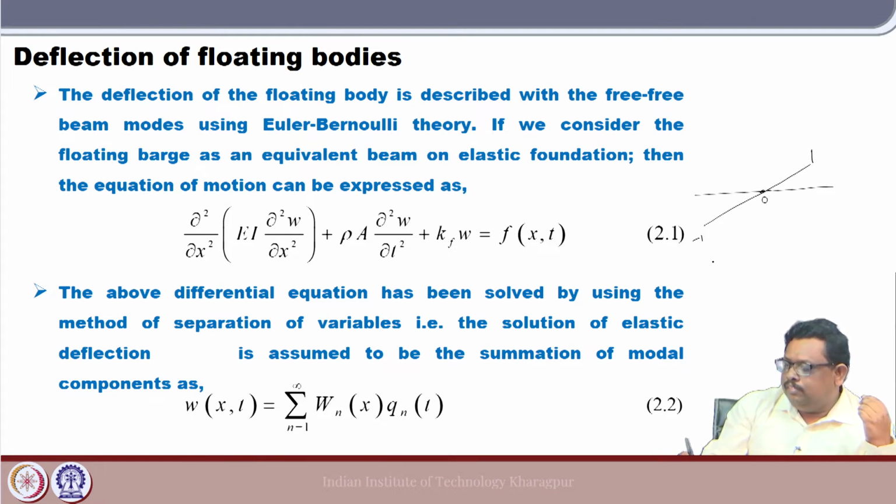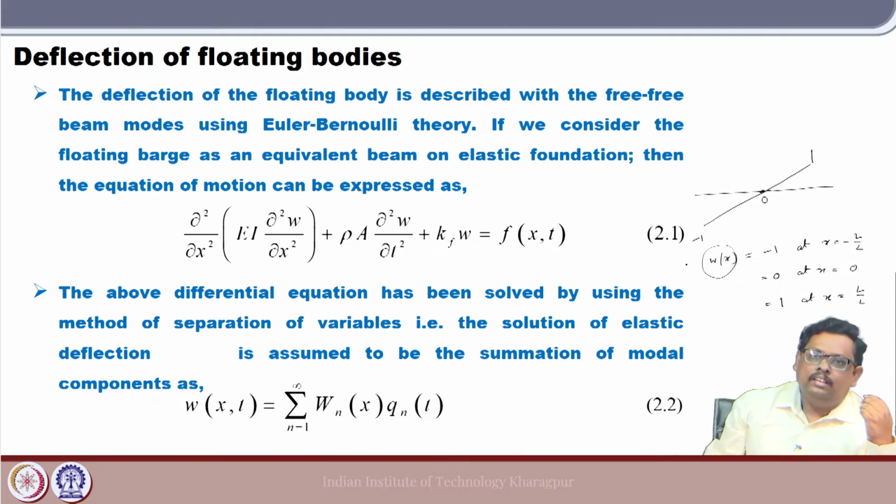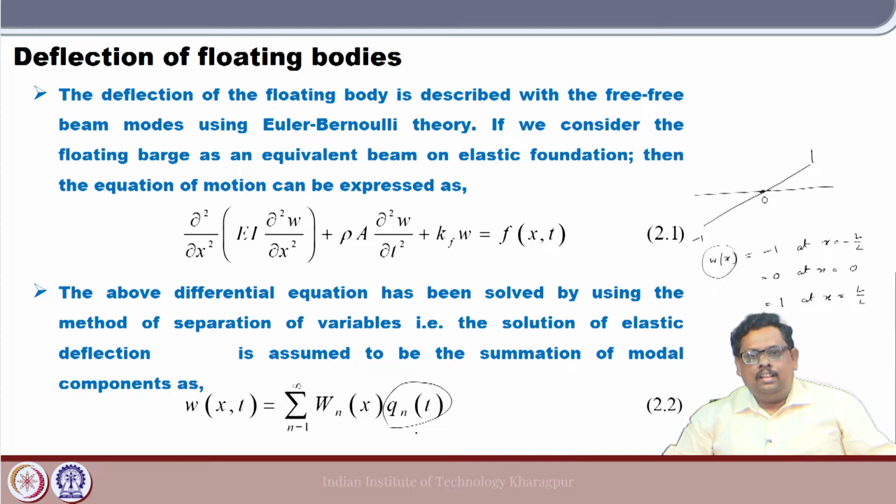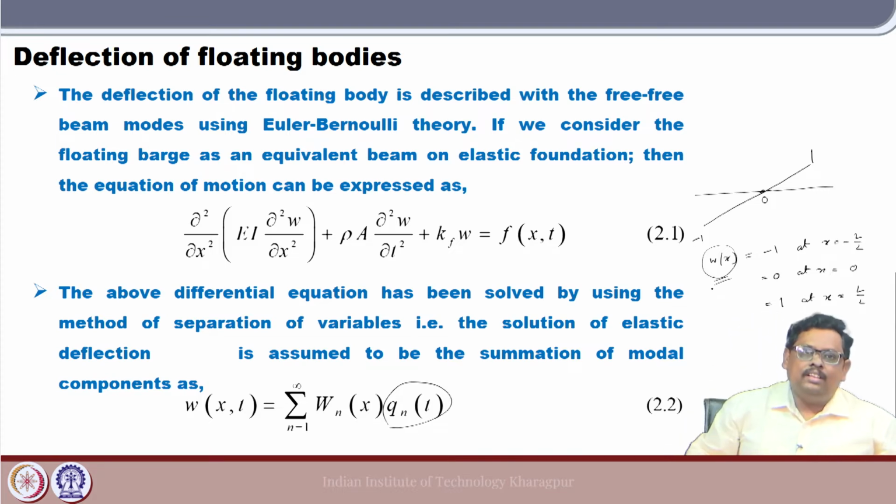So we can define W(x) which is minus 1 at x equal to minus L by 2, 0 at x equal to 0, and 1 at x equal to L by 2. Based on these conditions I can construct the value of W(x), right? And then we can define my pitch as this W(x) multiplied by q(t). So what would be the mode shape for the pitch mode, I will give that work to you.